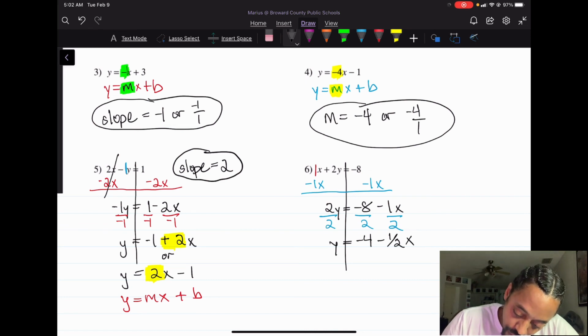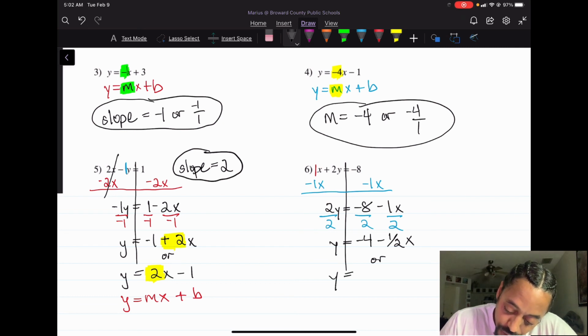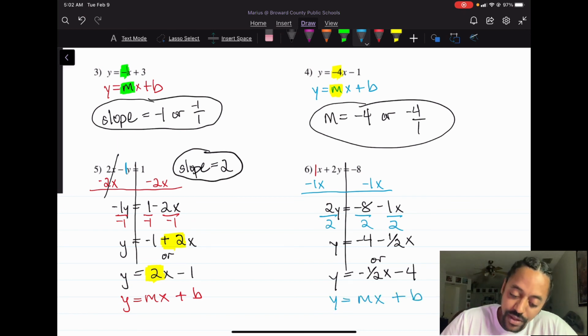Now, we know we can rewrite it if we want to put the x term in front. We just have to keep all the signs the same. So the x term is negative. It's negative 1/2 x. And that constant, that 4, is also negative. So we have to write it as negative 4. Now, when we take a look at our slope-intercept form of our line, once again, the slope is the coefficient of x.